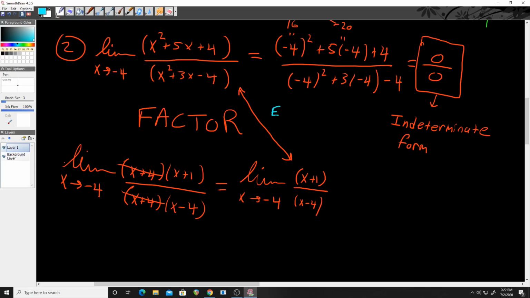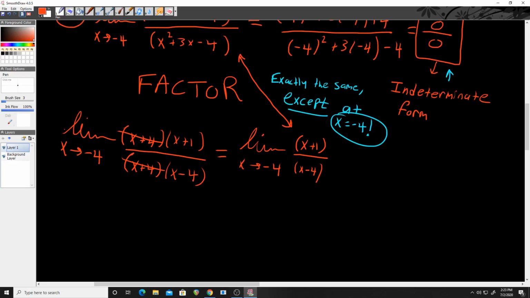These two are exactly the same, with one exception: at x equals -4. Exactly the same except at x equals -4. Our original function was indeterminate at x equals -4, but our new function, which again is different, is perfectly defined at x equals -4.